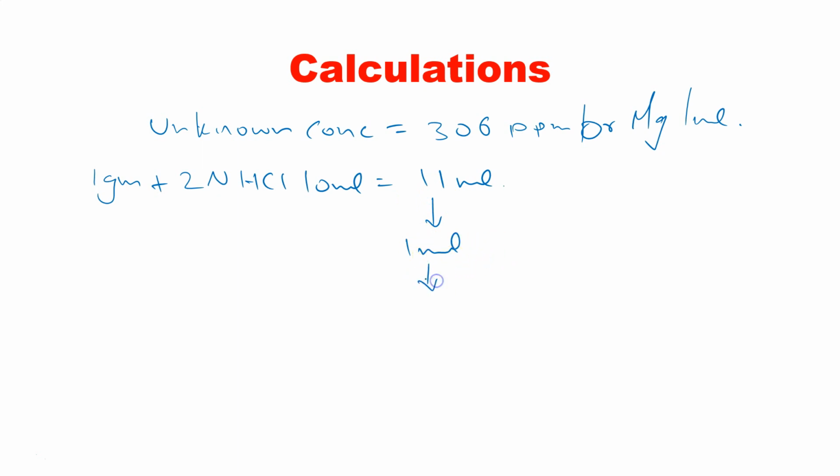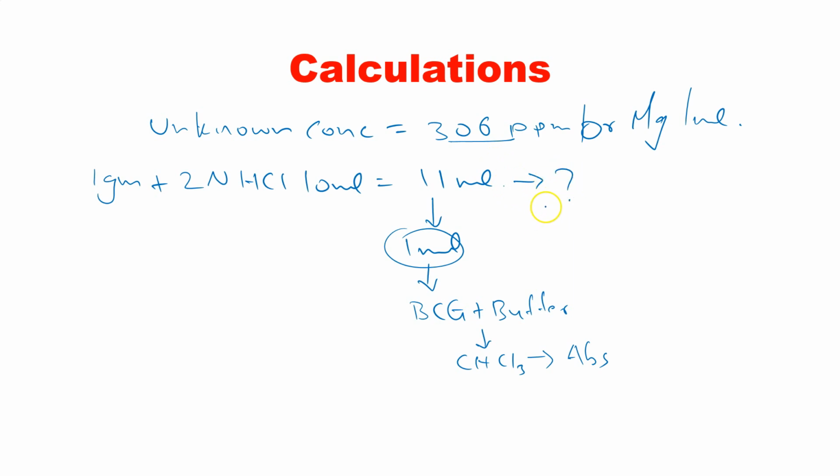And this extraction means we have reacted with BCG plus buffer, the phosphate buffer that we have used, and we have again extracted in chloroform, and then we checked the absorbance of it, right? So now here we have taken only 1 ml. Now we have to go back again. If 1 ml contains 306 ppm, then 11 ml should contain how much?